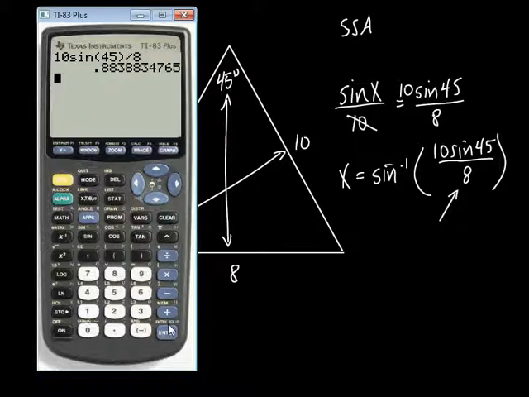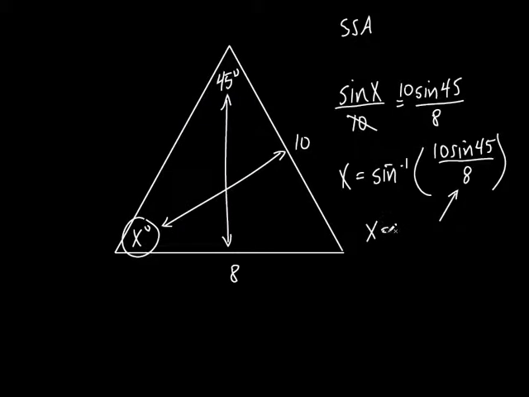All right, and I got that answer. Now, how do I take the inverse sine of that without re-punching it in? I just hit second function sine of what? Of my answer, right? You follow me on that? And so the answer is that 0.8838 number. And there you go, 62 degrees.